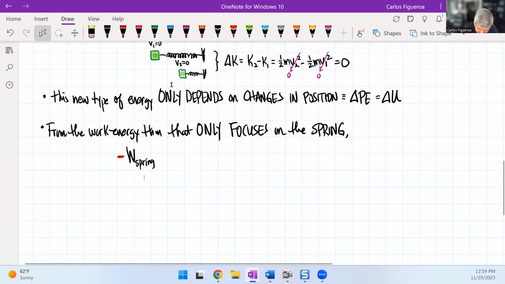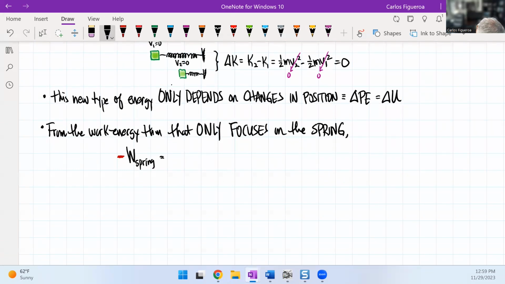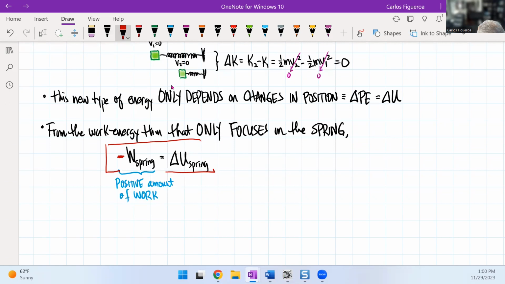As a consequence, this quantity right here is actually a positive amount of work. And this is what we define as the spring potential energy. So this right here is, by definition, what we mean by potential energy.